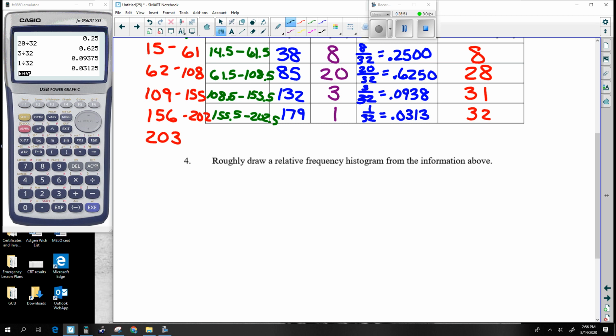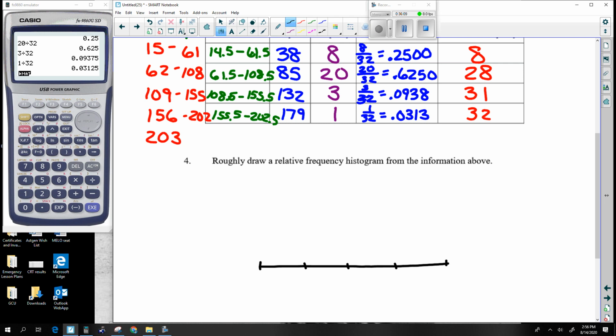Create a rough histogram. So I have, what, 4 categories here? 1, 2, 3, 4. I have 4 categories.